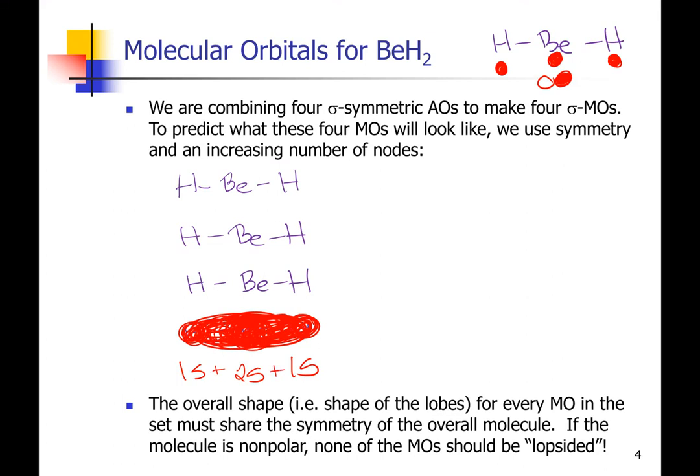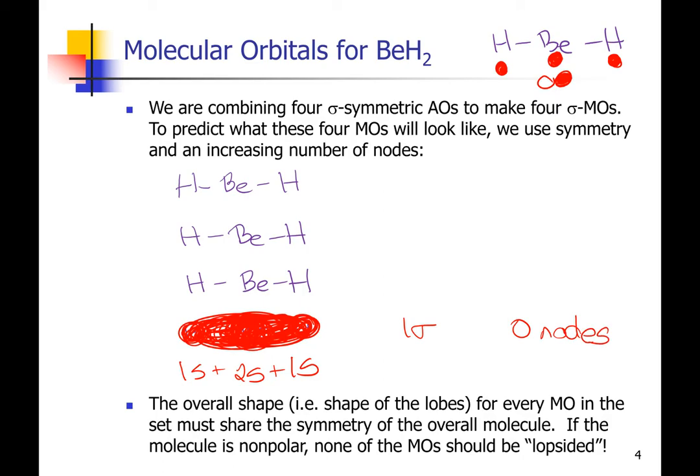And that is my 1 sigma. And unfortunately, I can't really see the beryllium hydride underneath it anymore, but you know it's there. And that molecular orbital has no visible nodes in it. So that's my lowest energy one.